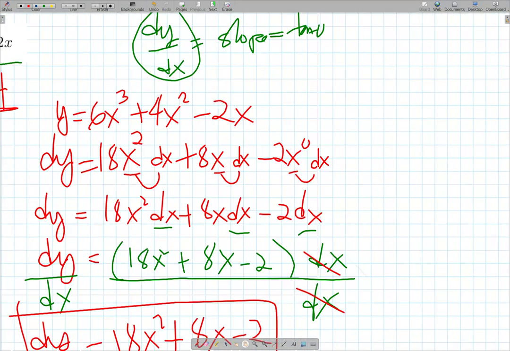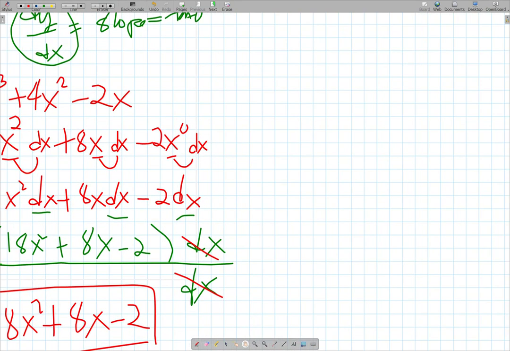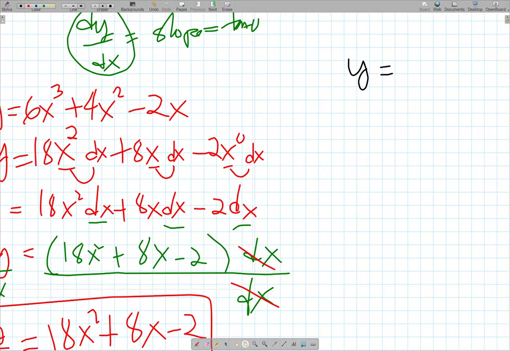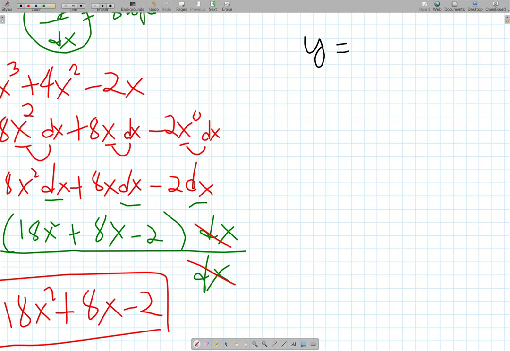We can also do it directly, class. What is the equation? Let's copy the problem first: y equals 6x cubed plus 4x squared minus 2x, using the power rule.